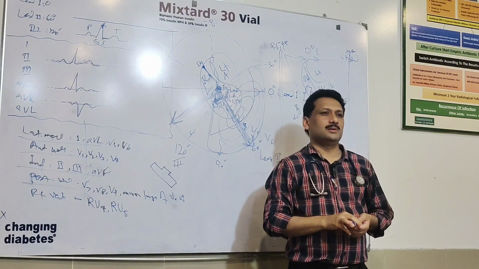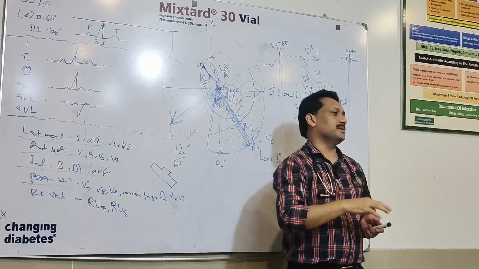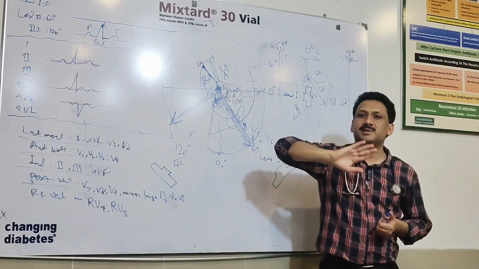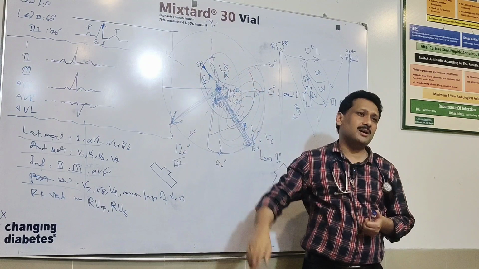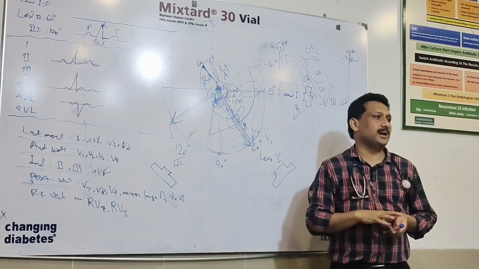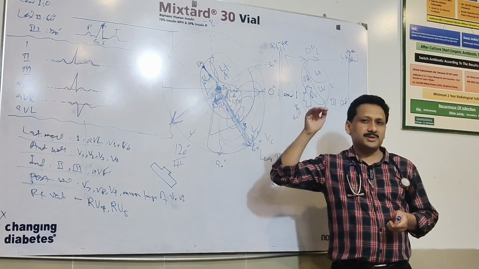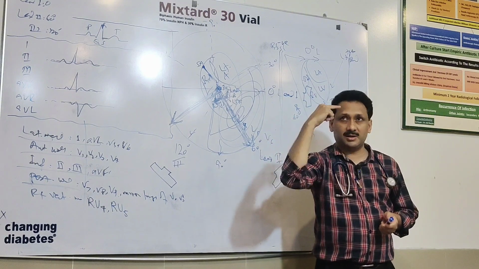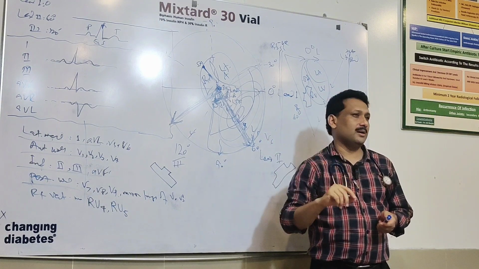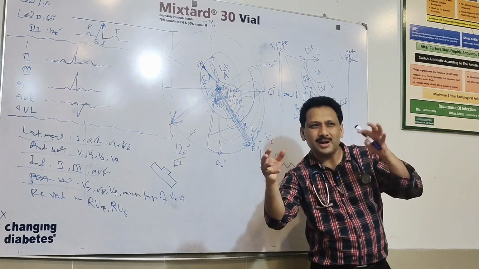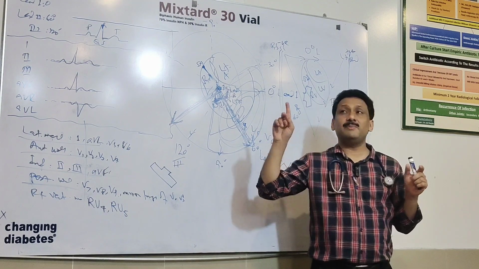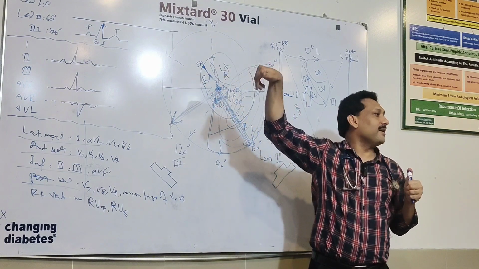Now tell me a lead in this whole picture which is falling right in the center. Neither is it exactly away from it like AVR, nor is it very close to it. There is one lead which is falling right in the center. Try to calculate in mathematical terms: if something is exactly opposite, it will be 180 degrees away.